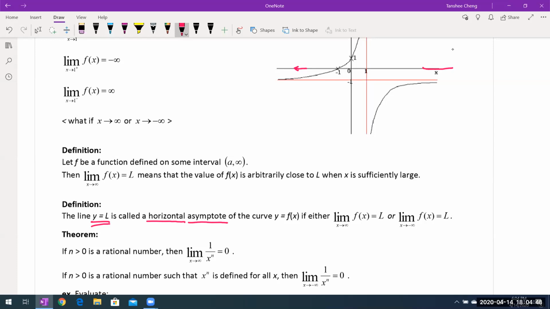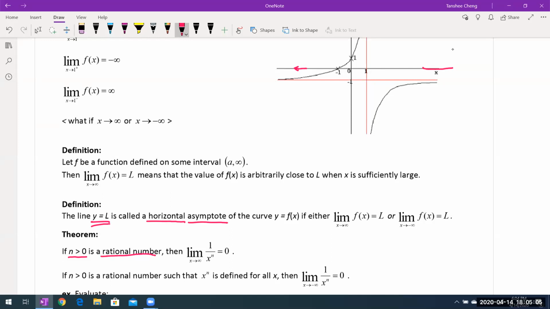The theorem says that if n is greater than 0, a rational number, then the limit as x approaches infinity of 1 over x to the n power is equal to 0. Now think about it.